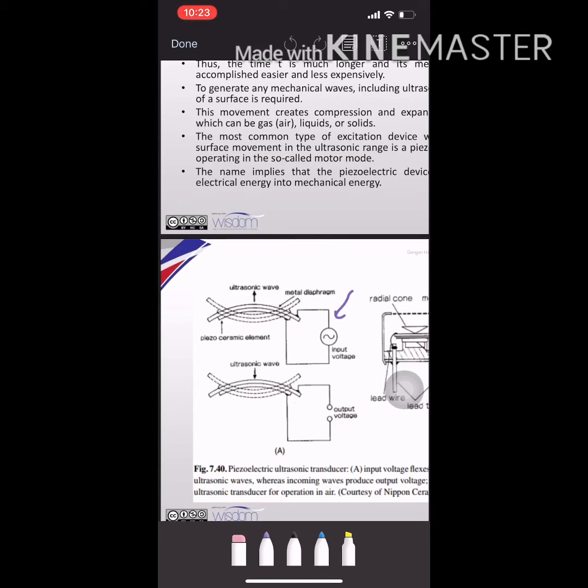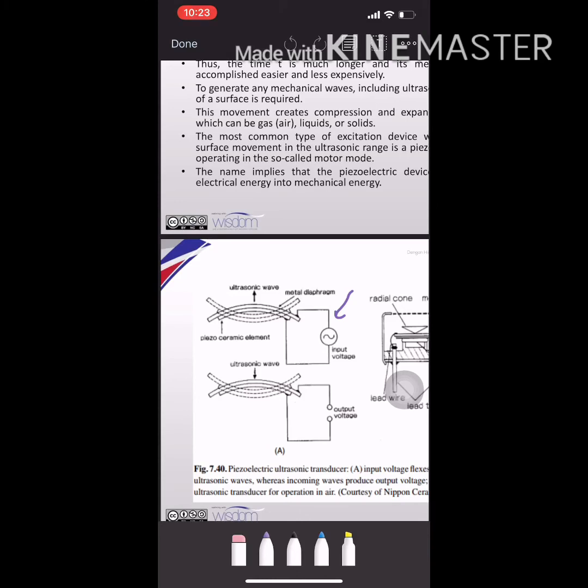Piezoelectricity is a reversible phenomenon: the ceramic will generate voltage when an incoming ultrasonic wave flexes it. In other words, the element may work as a transmitter and as a receiver, like a microphone.